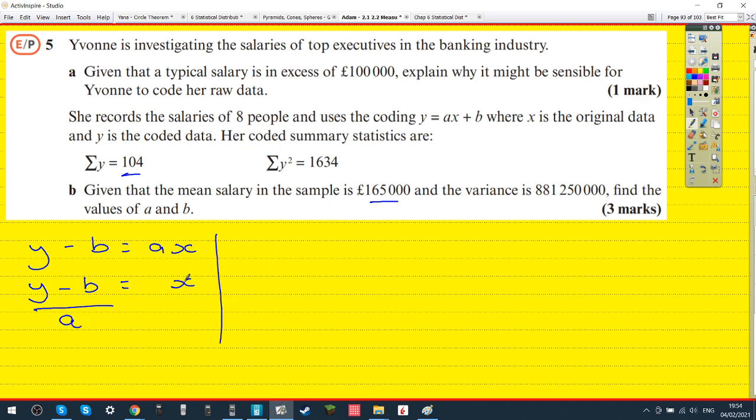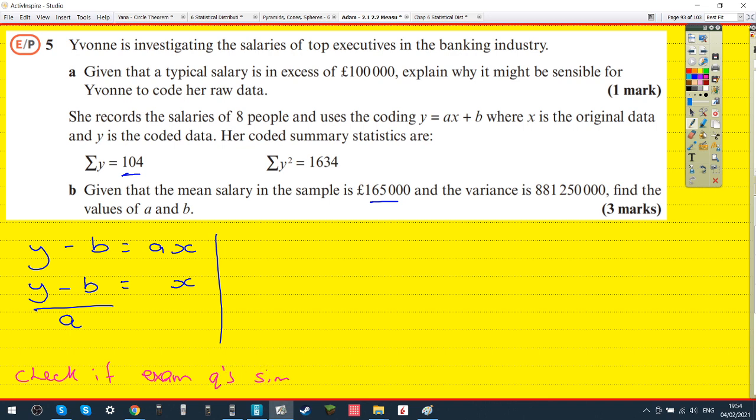So when we subbed in, okay. So how can we work in reverse? So we know that.